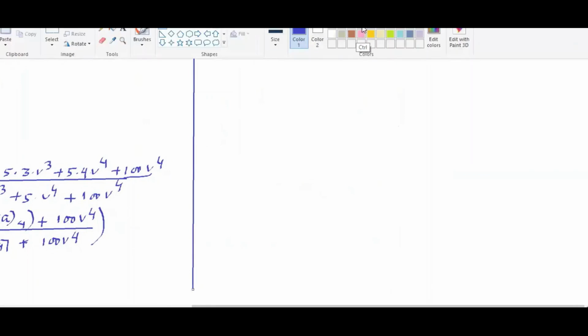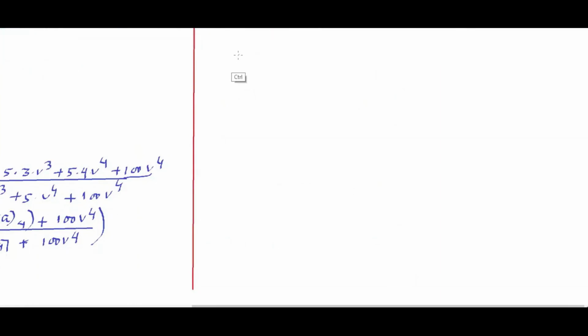Here, if you write, say, for example, a, I write v power 5 here. Okay, then what is a dash, Savitri? 5A4. Okay, 5A4.